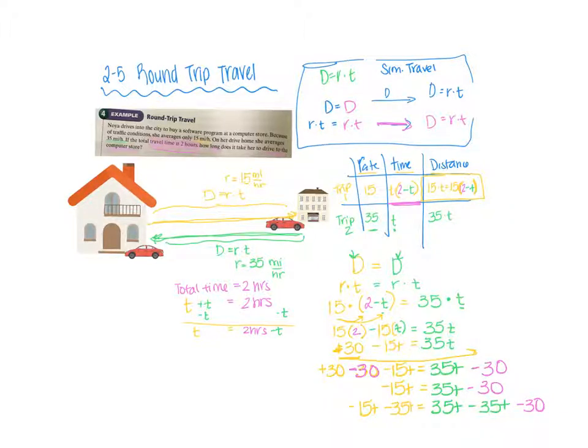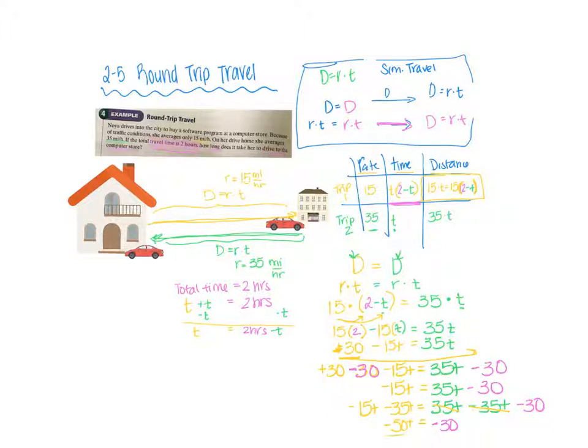Okay, my 35t and my negative 35t cross out because there's 0t, and 0t is just 0. So I have negative 30 equals negative 15t plus negative 35t should hopefully give me negative 50t.